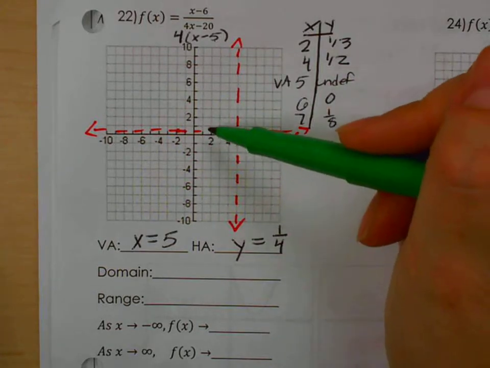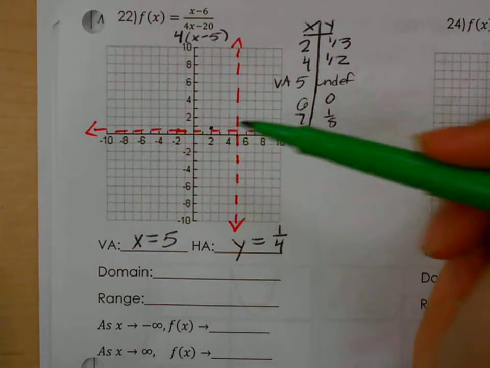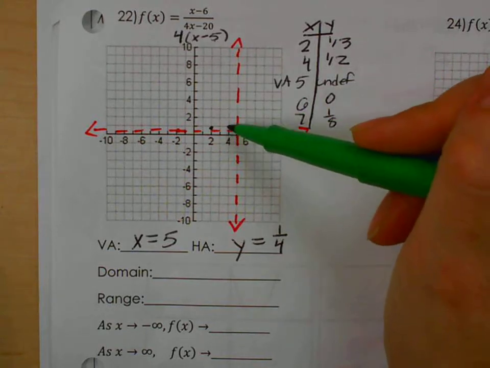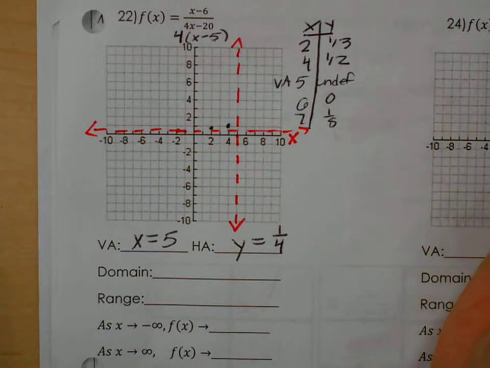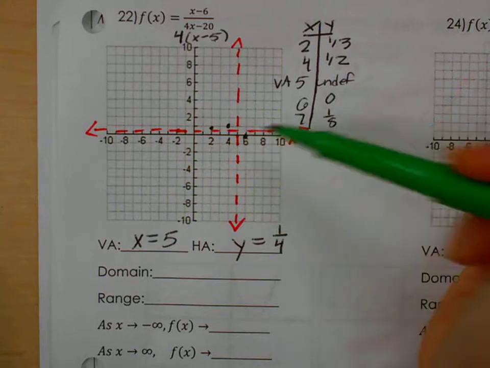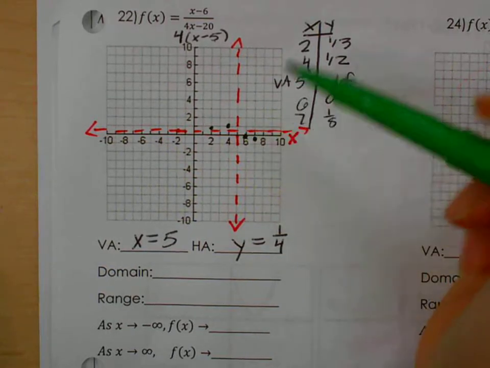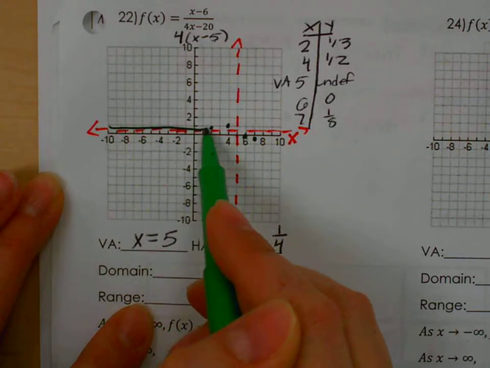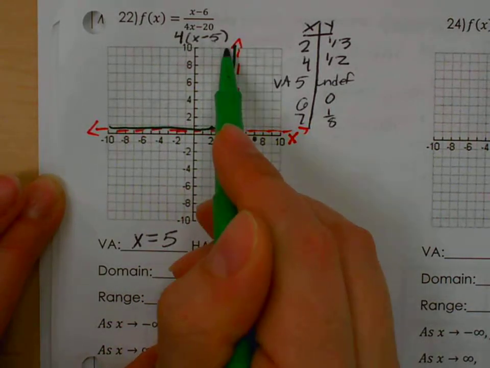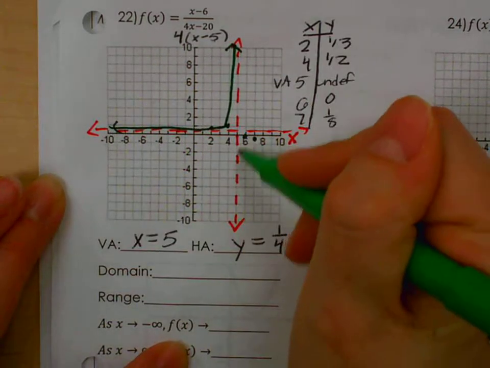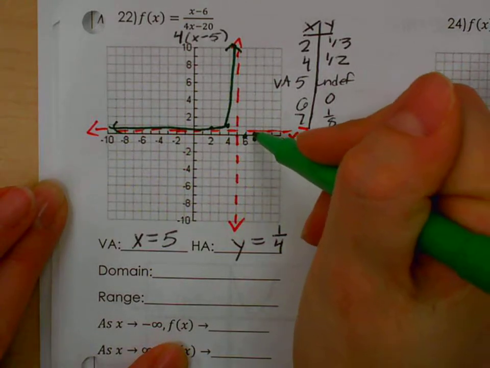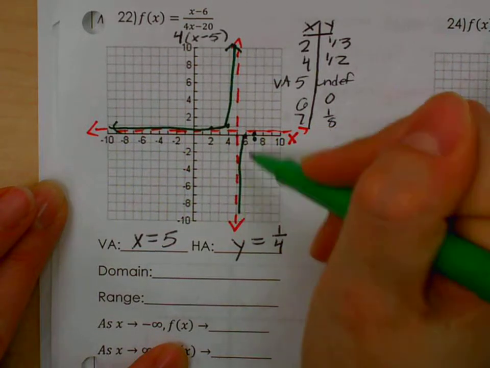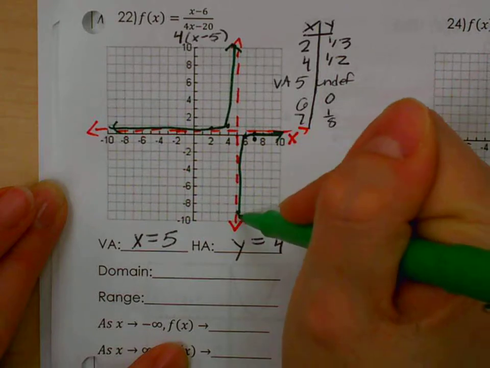So I'm here at 2 and a little bit above, and then I have 4 and 1/2, 6 and 0, and 7 and 1/8. So I'm going to have one curve like this, and, oops, 1/8 is up here, and one curve like this.